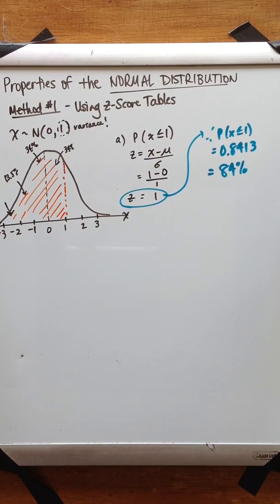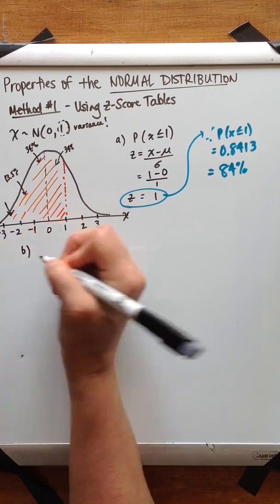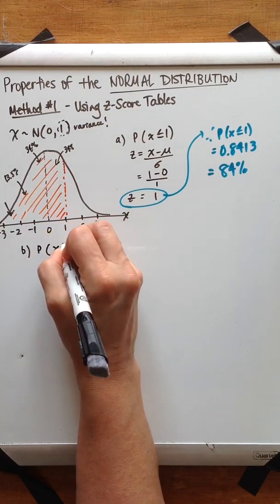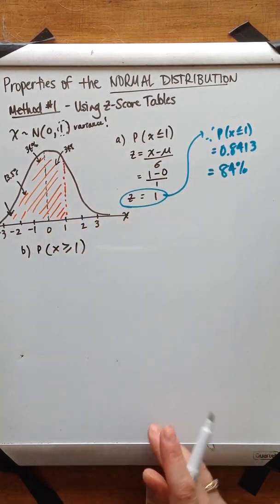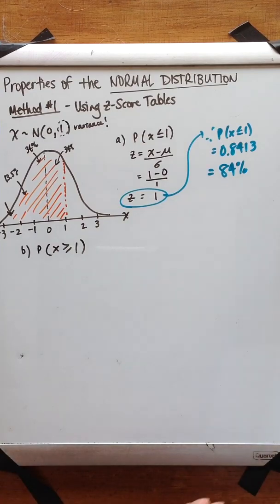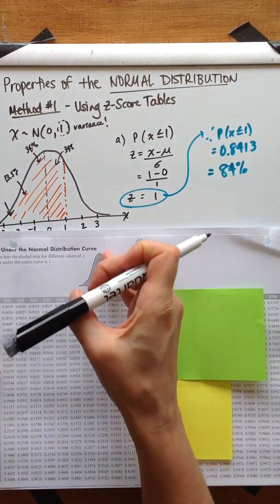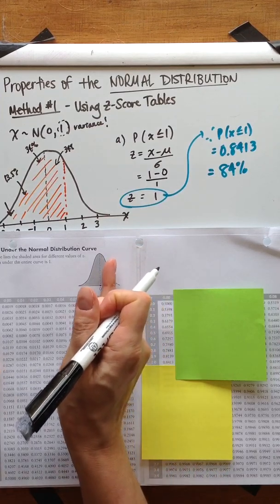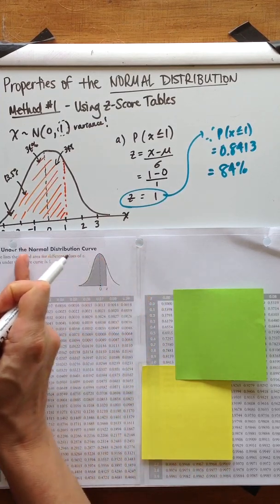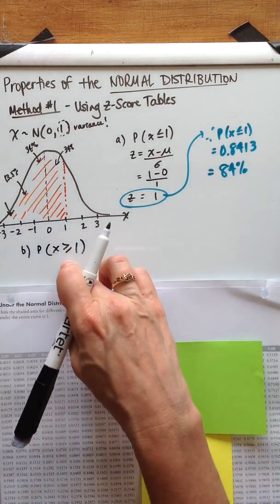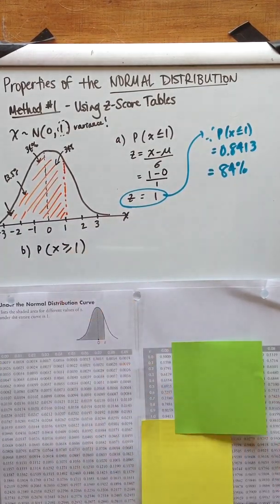Okay, so let's try this again. This time, let's try and find the probability on this curve for when x is greater than or equal to 1. Well again, it's important to note that these tables are for a given z value, and give us the area of the curve to the left of that z value. Here we're being asked for the area above 1.